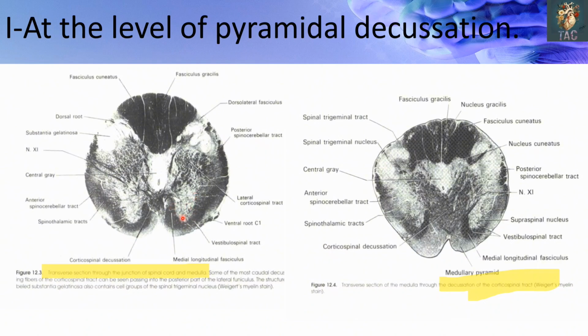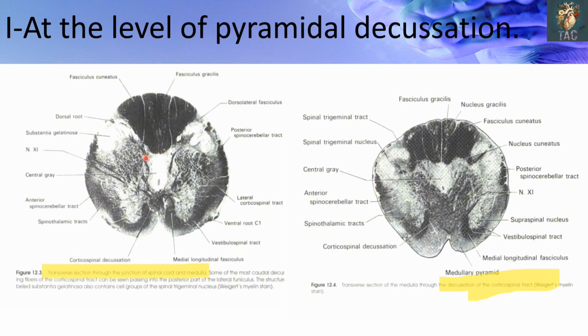Here the somatic motor neurons are present, and the somatic motor neurons in the medulla oblongata here represent the nuclei for the ventral root of the cervical nerve C1 and the nucleus for the spinal part of the accessory nerve. These two nuclear groups are present here, and at the anterior and lateral margin of this anterior horn you can also see the vestibulospinal tract.